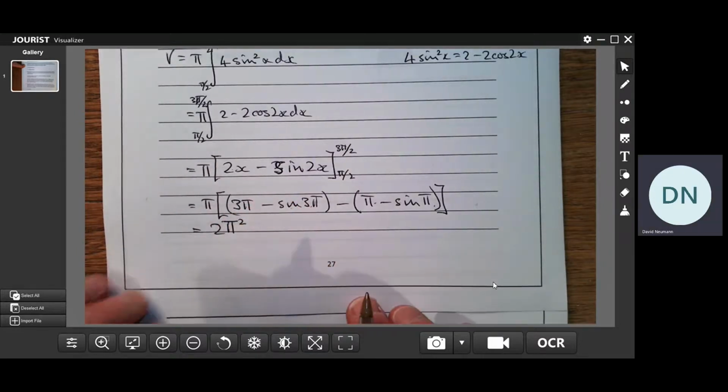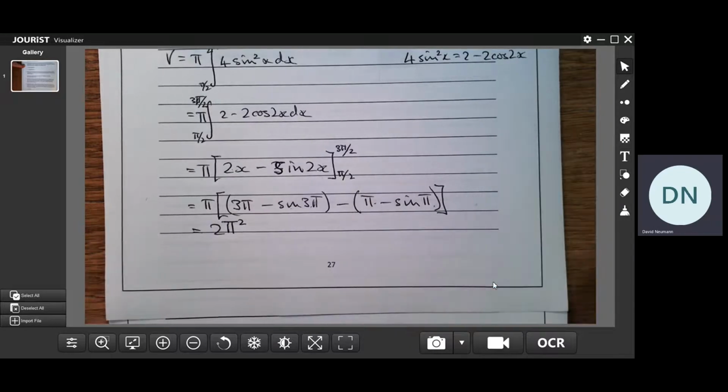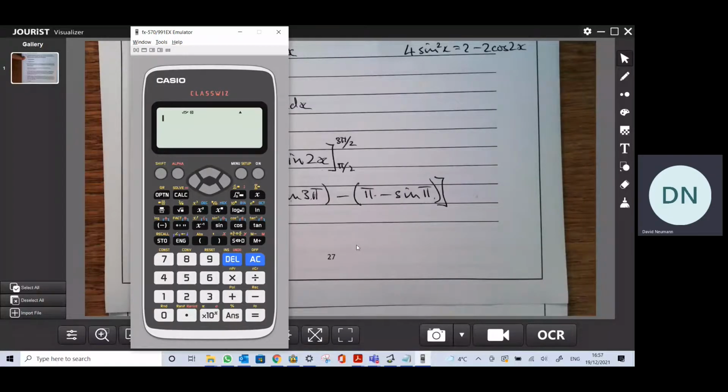Now, one thing that is worth just looking at is a way of checking your numerical answer on the calculator. So we'll just do that. I'm just going to switch to sharing my whole screen, and then I can go to the calculator. So you should be seeing that now.